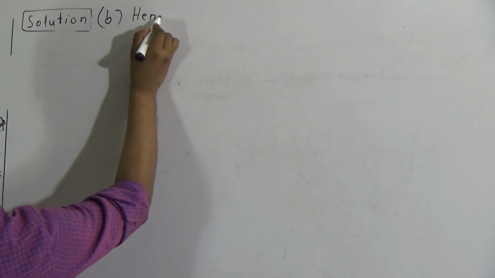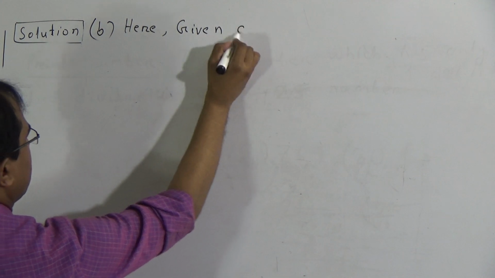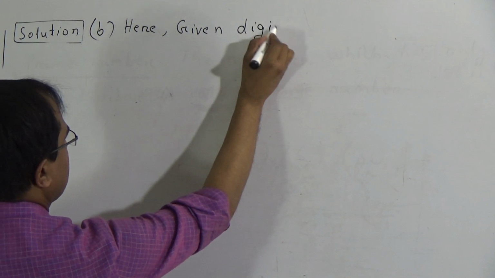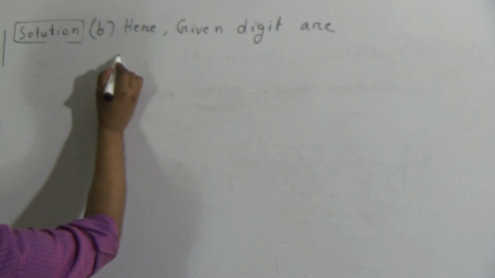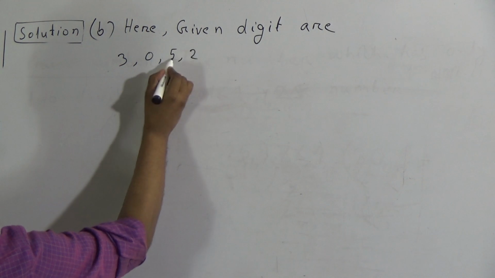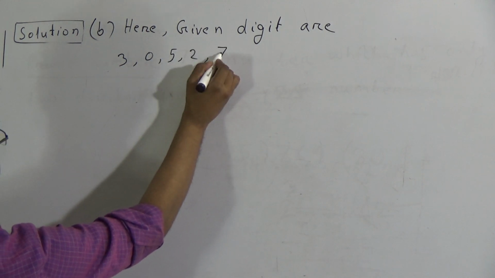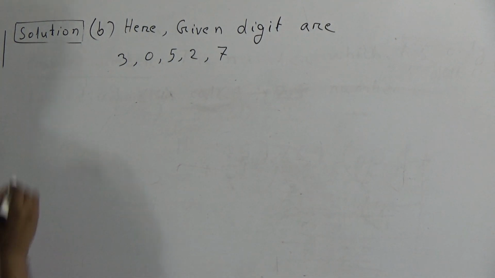Here the given digits are 3, 0, 5, 2 and 7. Now we'll write the greatest number.